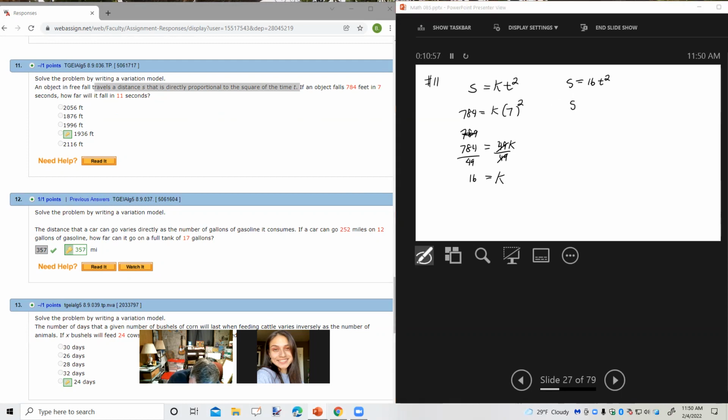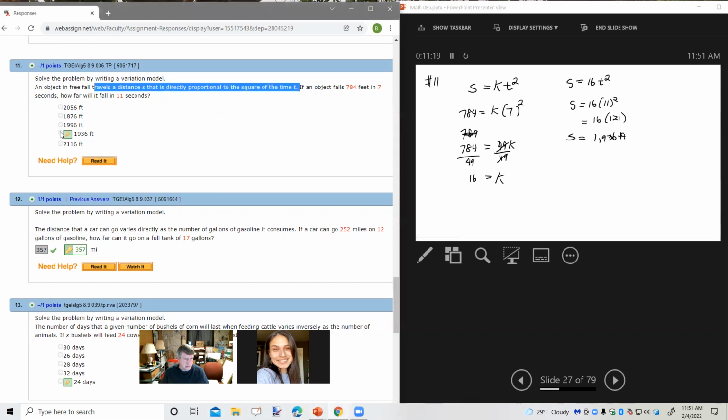So s equals 16 times 11 squared, which is 16 times 121, which is 1936, and that is feet. So the choice over here, the one that has the key by it, of course.